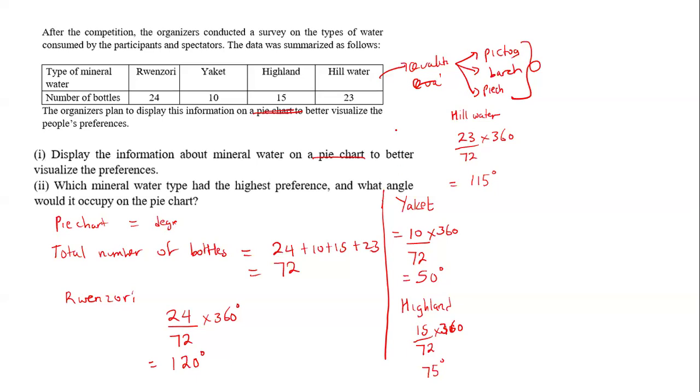From here, we are going to go on and draw our pie chart. So we start with a title. We shall say, a pie chart showing maybe the mineral water types.